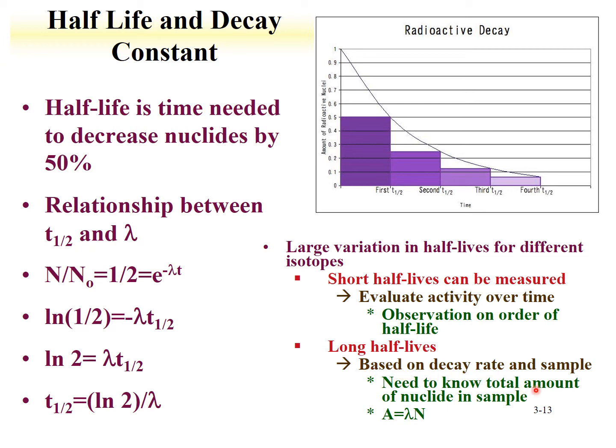This is based on the decay rate in the sample, so I need to know the total amount of a nuclide in the sample. So if I had some plutonium-239 and I weighed it, and I got N, and I got the activity of that N, well, I could solve for the decay constant, and then when I get the decay constant, I know that the decay constant is equal to log 2 divided by the half-life. I've measured the half-life. An example of testing this out is using a potassium salt.